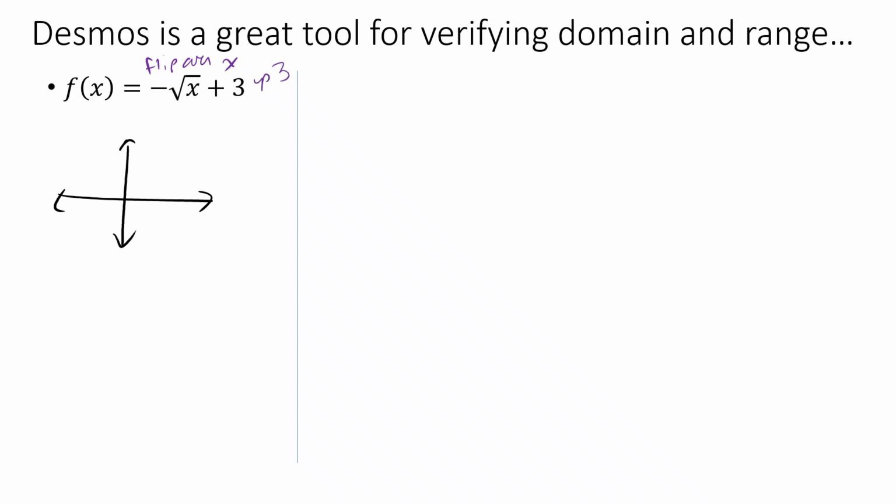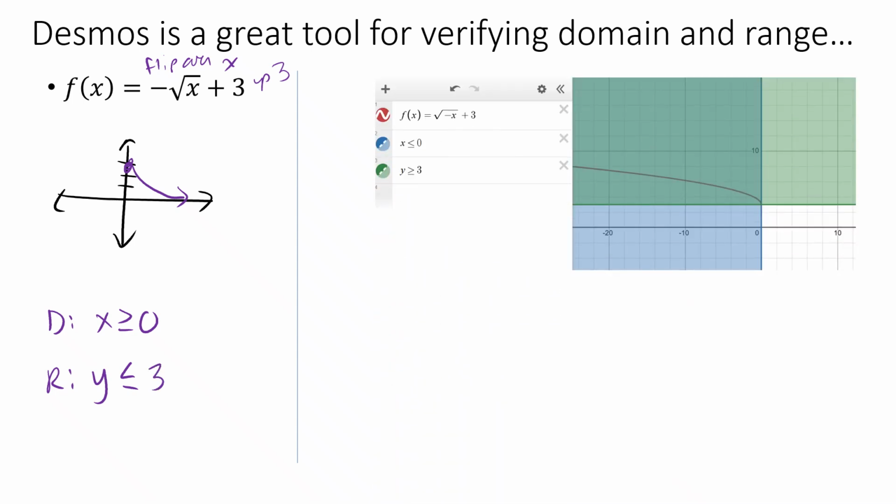And so this is going to look something like this. You want to focus on that end point there. And I can see that my domain is going to be everything greater than 0. And my range is my y's, and it's heading downwards, so we'll do less than or equal to 3. Now, here's where Desmos can come in handy.